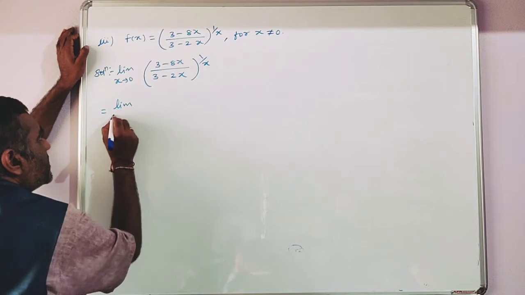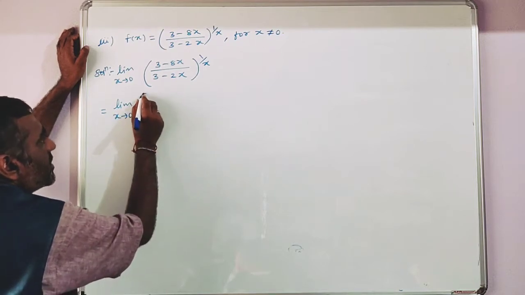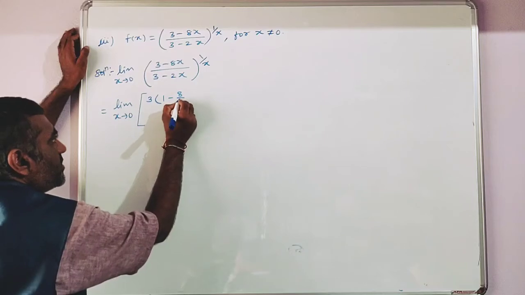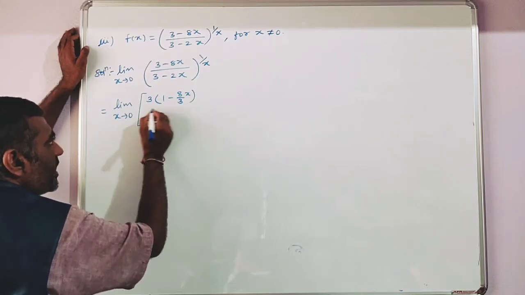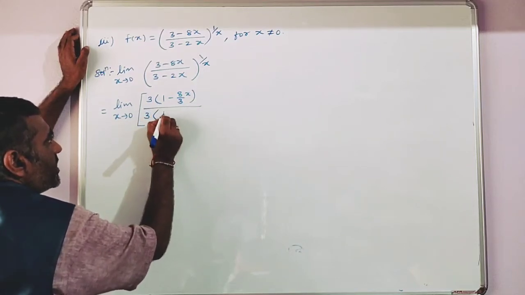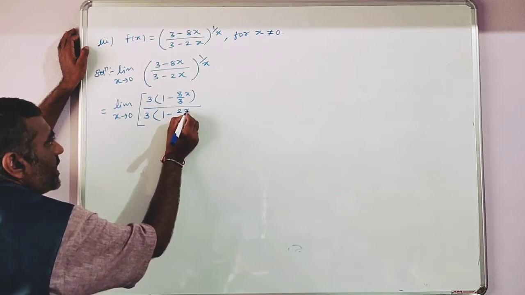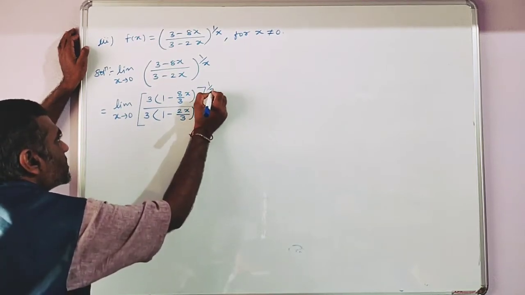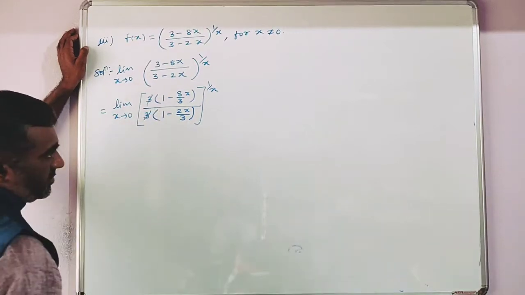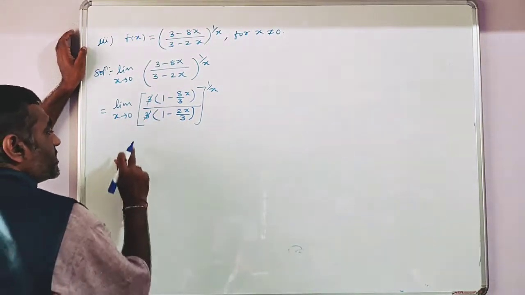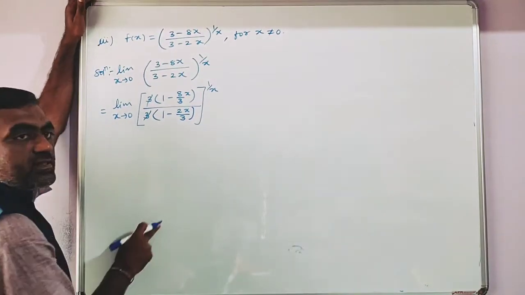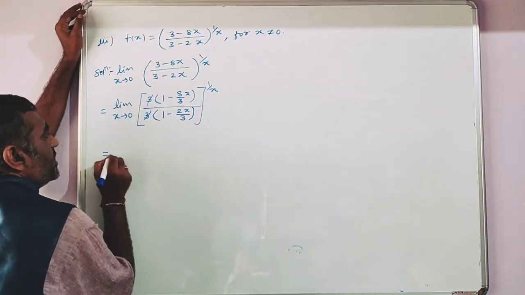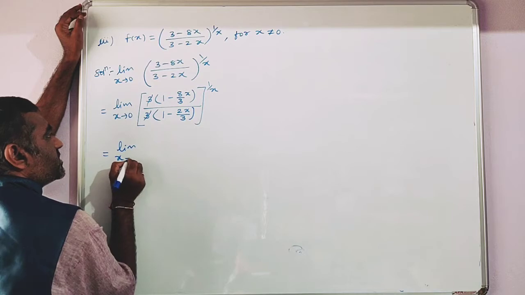We can take 3 common here: 1 minus 8 by 3 into x, bracket complete, divided by 3 into bracket 1 minus 2x by 3, bracket complete, raised to 1 upon x. Do we know that limit as x tends to 0, (1 plus x) raised to 1 upon x is nothing but e.